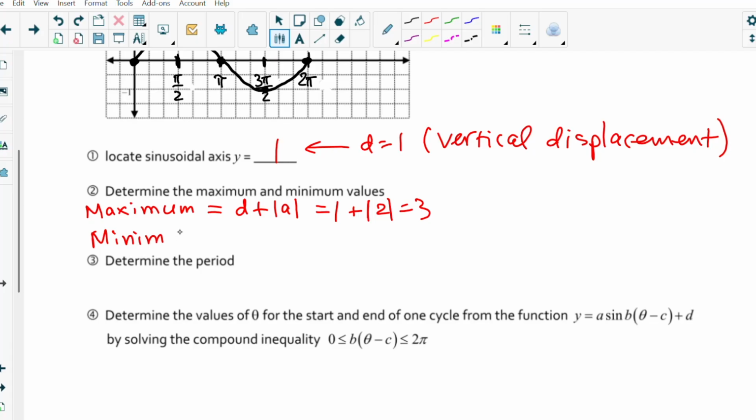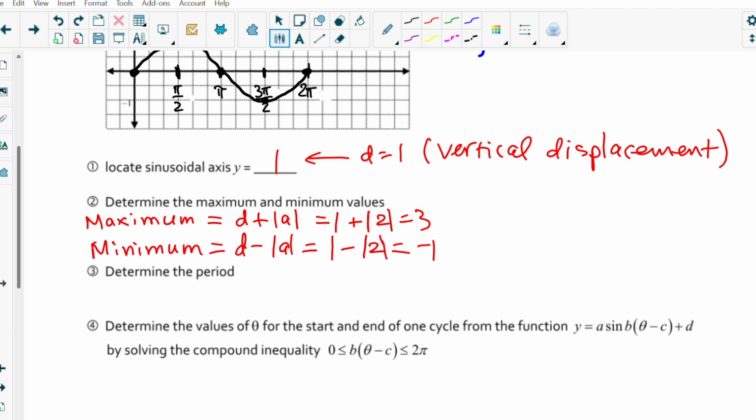Minimum is d minus the absolute value of a, that is 1 minus the absolute value of 2, and that equals negative 1. So that's a max at 3, a min at negative 1. Okay, so hold on to those for now.